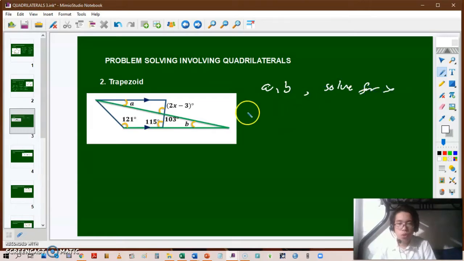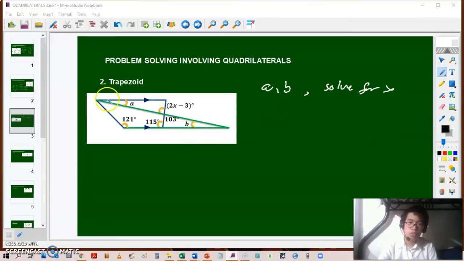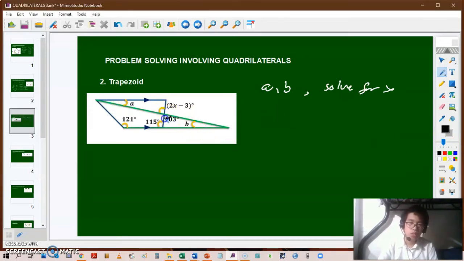We have here 2x minus 3. If you see here, its opposite is 103 degrees, so they are vertical angles. The vertical angle of 2x minus 3 is 103 degrees, therefore we can equate them because vertical angles are congruent.